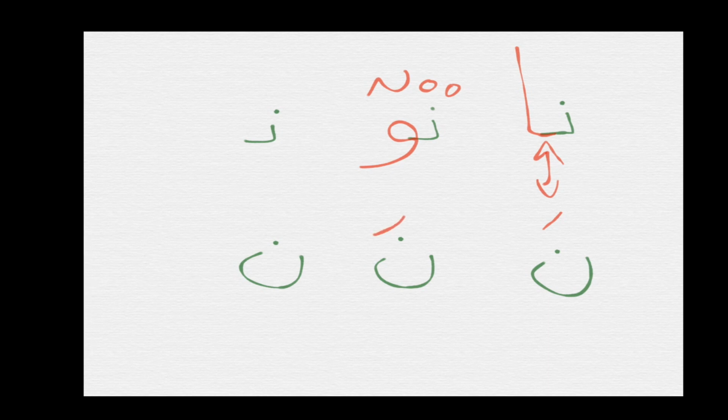Whereas N with a short vowel O, you'd pronounce it Nu. And N with a long vowel E, you pronounce it Ni. Whereas N with a short vowel E, you'd pronounce it Ni.